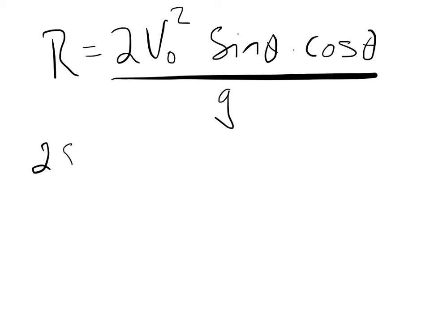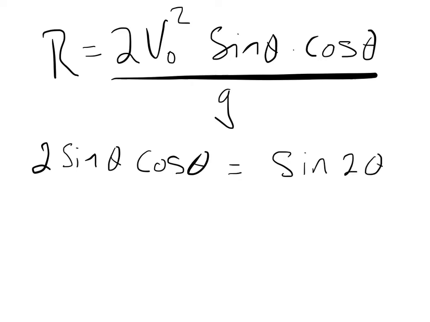Anybody know their trig? What is it? Sine 2 theta. It's a double angle identity. So that makes this even simpler. It's just R is equal to what? V naught squared over g sine 2 theta.